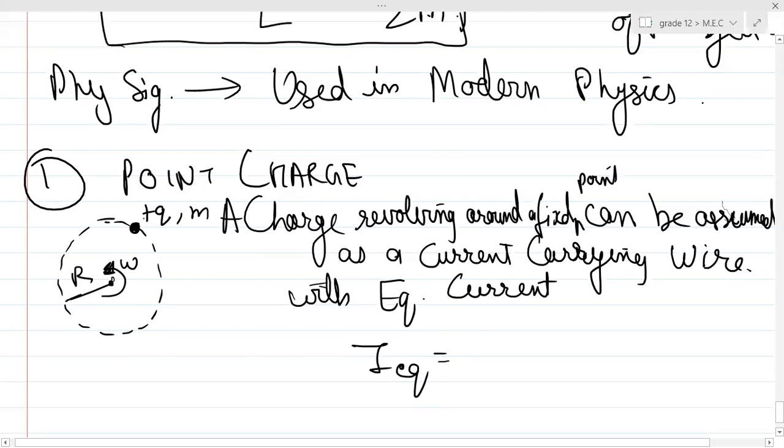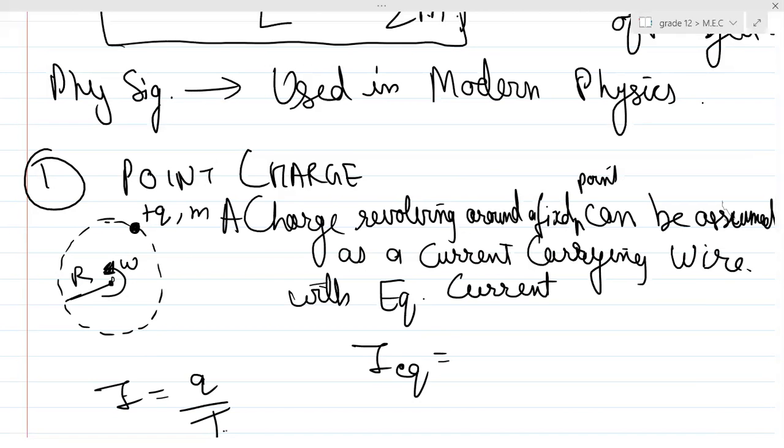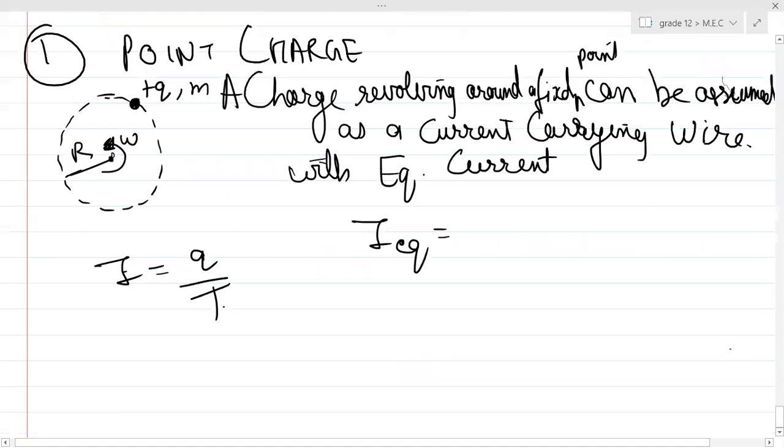Can you see, guys, over here? What is the charge? Do you remember current is nothing but the rate of flow of charge? So can I say I is basically Q by T? Yes, sir. Where T is the time period, and we know omega is equal to 2 pi by T. So from here T will be equal to 2 pi by omega.